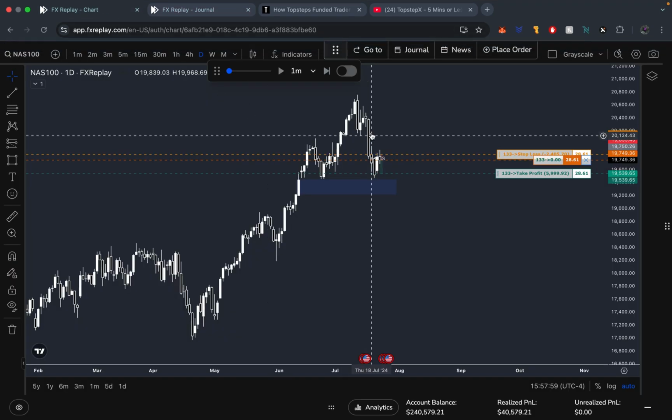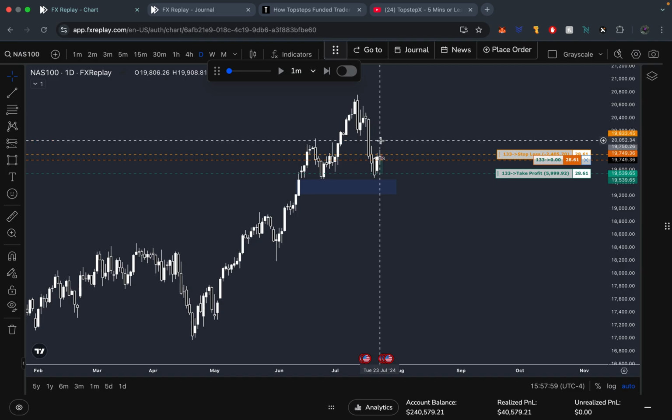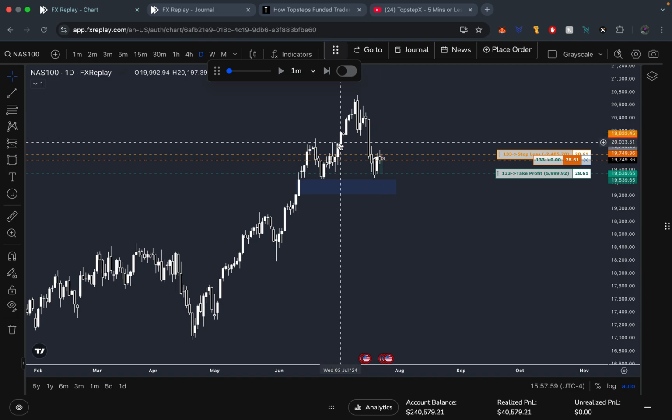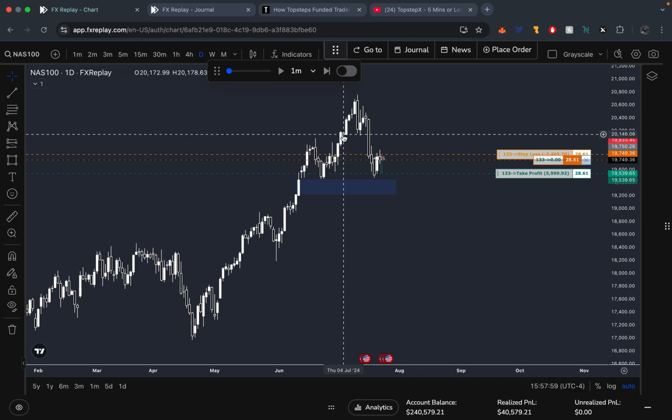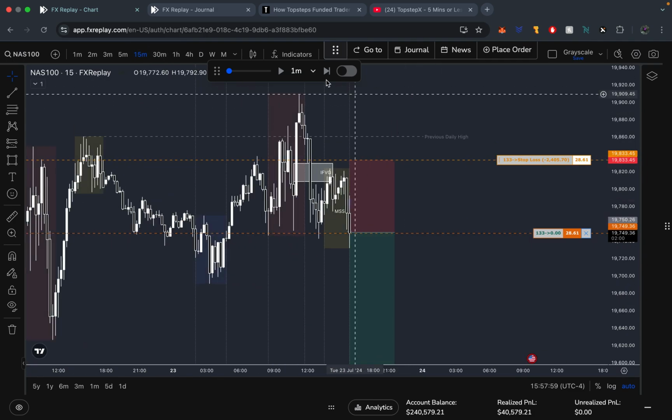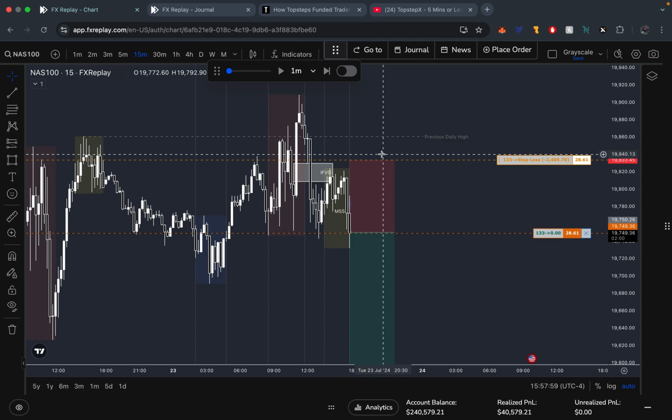You can see we do have this, so it is possible it could trade up into this, but we got a daily inverse fair value gap there. So we'll just see how we go from here. And yeah, I'll put this in 5 minutes and go.